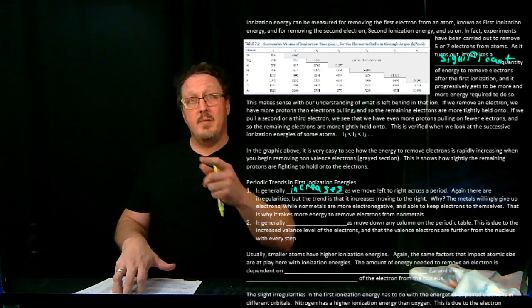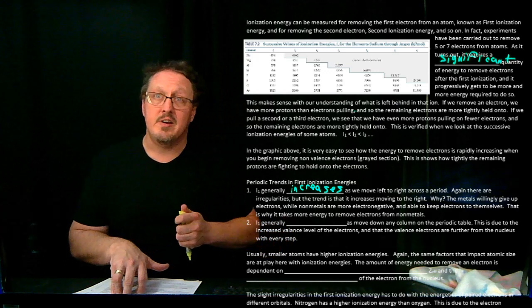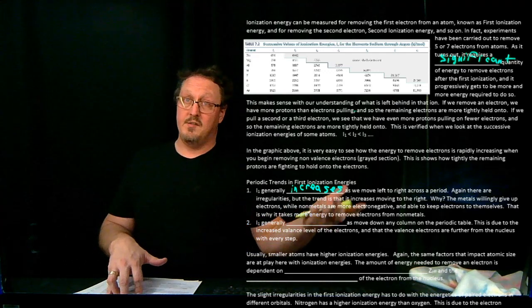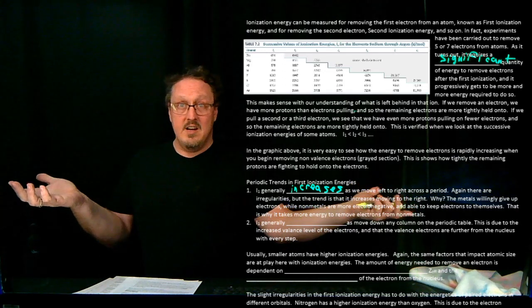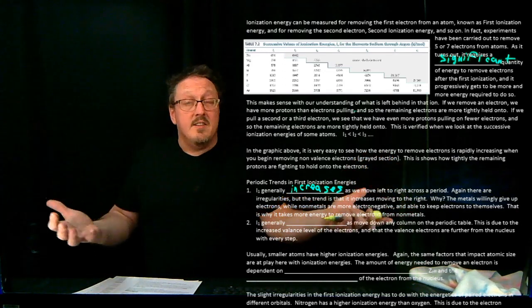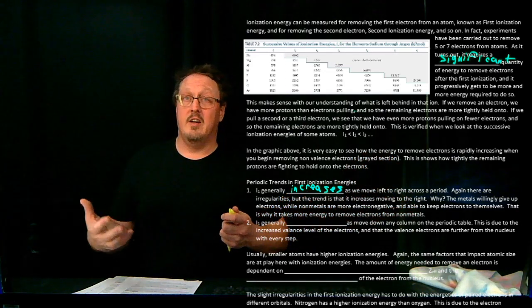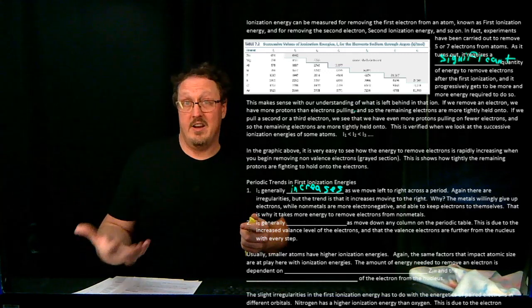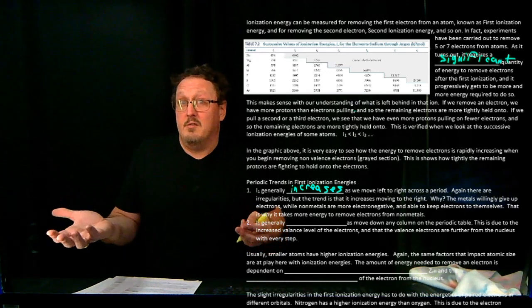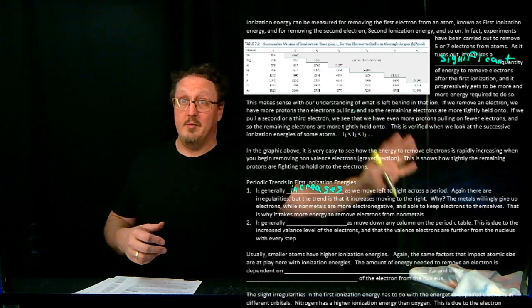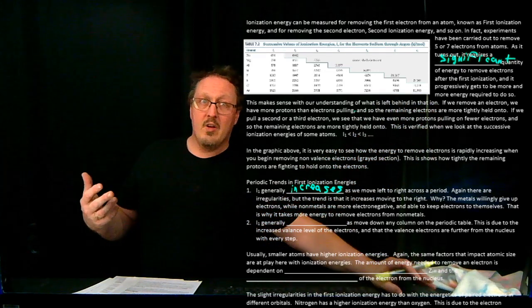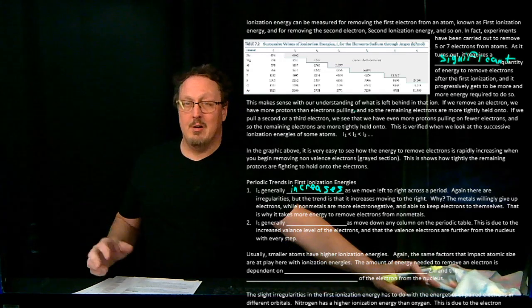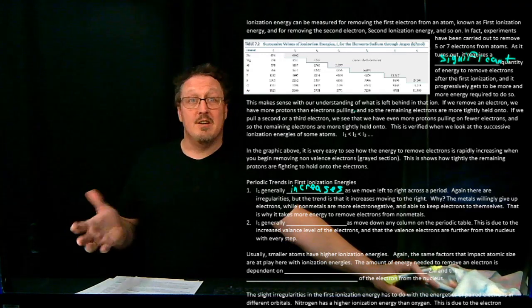That makes sense because metals very easily give away their electrons to react, and metals form positive ions all the time. So the things that give away electrons most readily would have the lowest ionization energy, and that's where metals are located on the periodic table. Now, there are irregularities, of course, but that's the general trend.